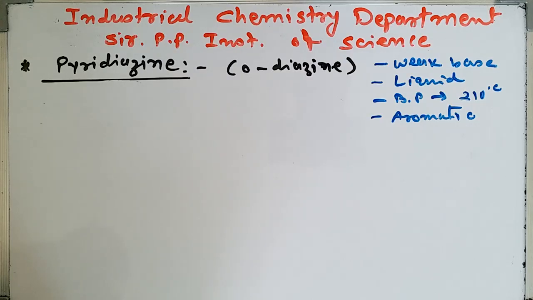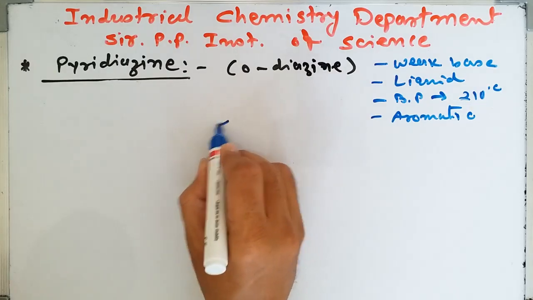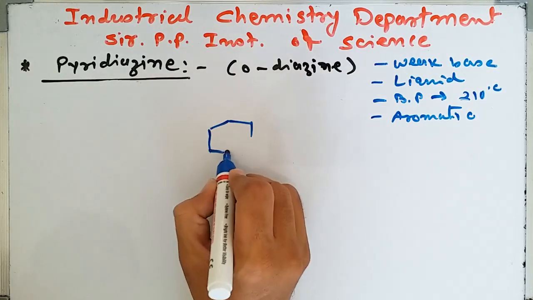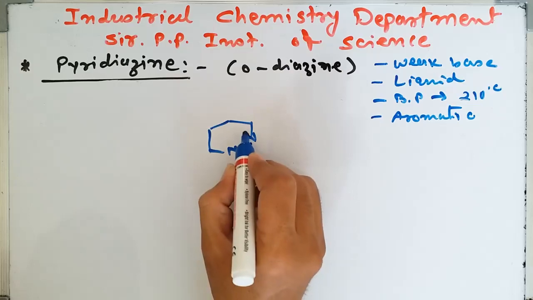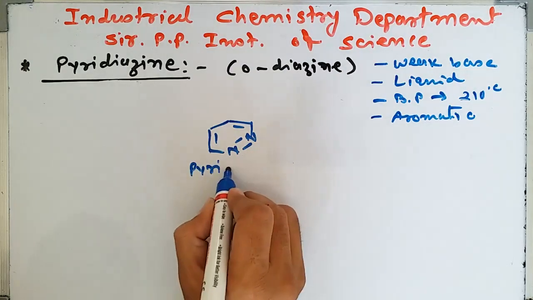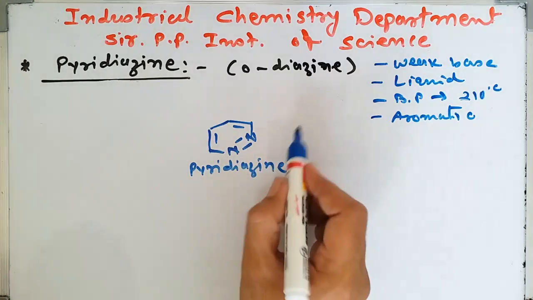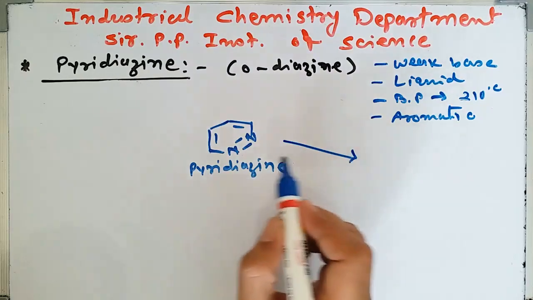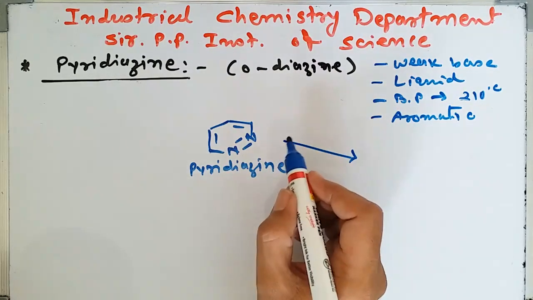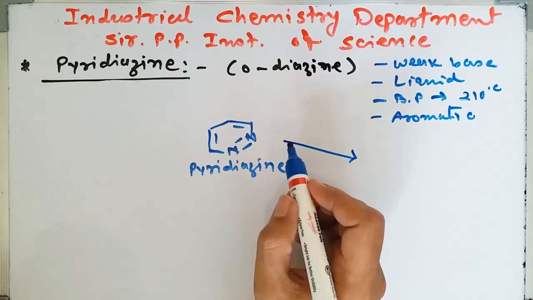So we will discuss their chemical properties. I write the structure here in the center. This is pyridazine. First of all, we see nitration.